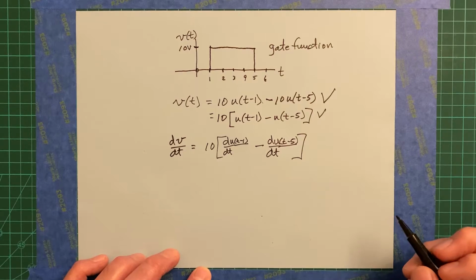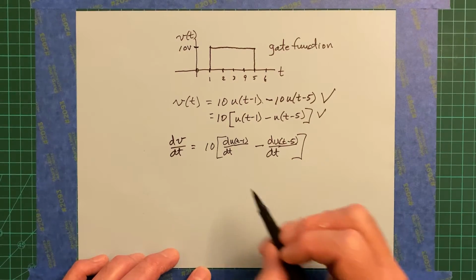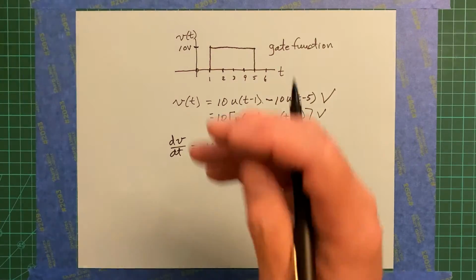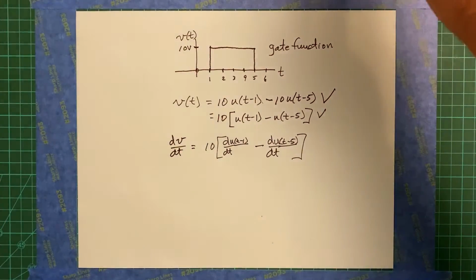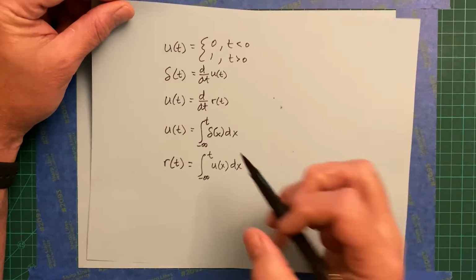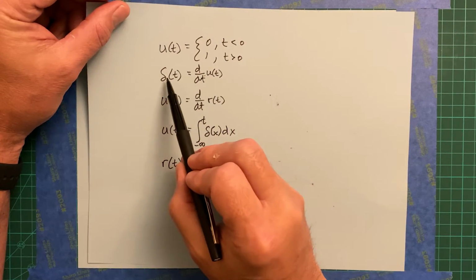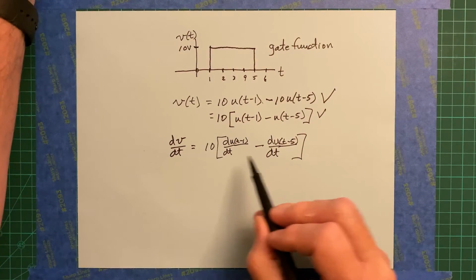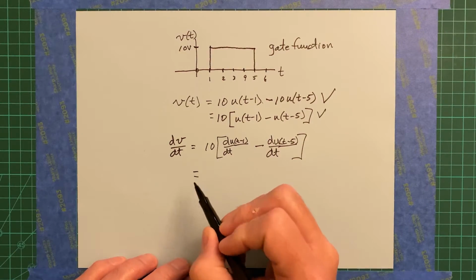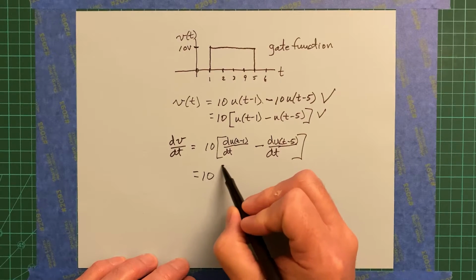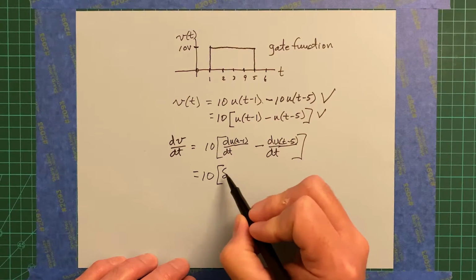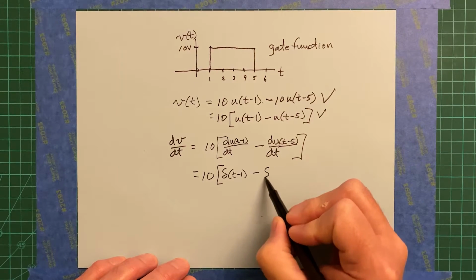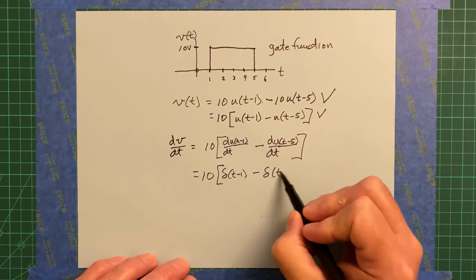Remember what du dt was? Here it is. du dt was delta of t. So each one of these is going to end up being a delta function. So this is going to be 10 times delta of t minus 1 minus delta of t minus 5.